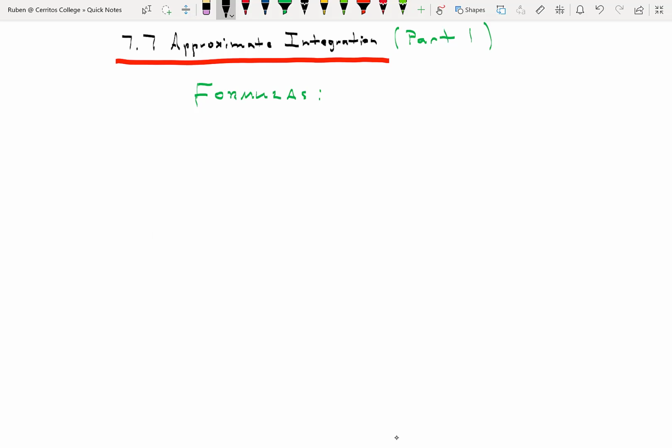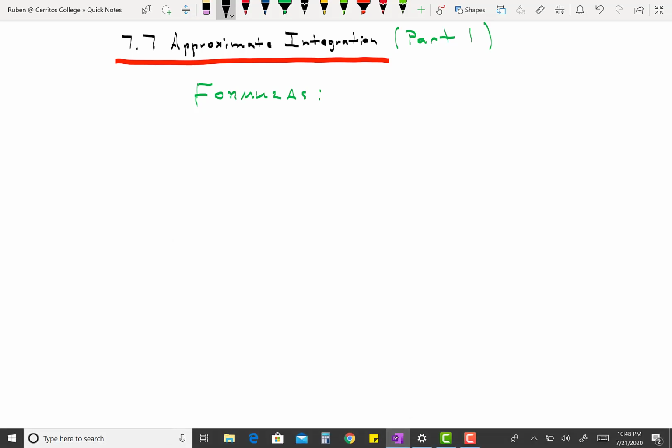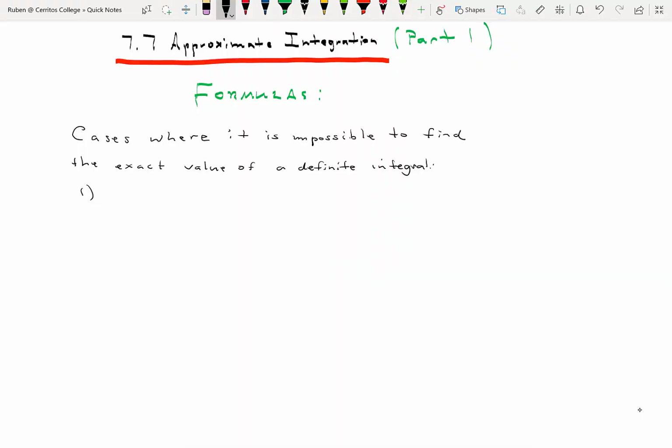Let's be more specific. We'll look at cases where it's impossible to find the exact value of a definite integral. The first case is we can't use the fundamental theorem of calculus.